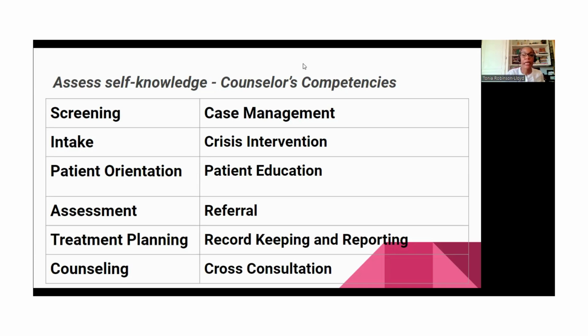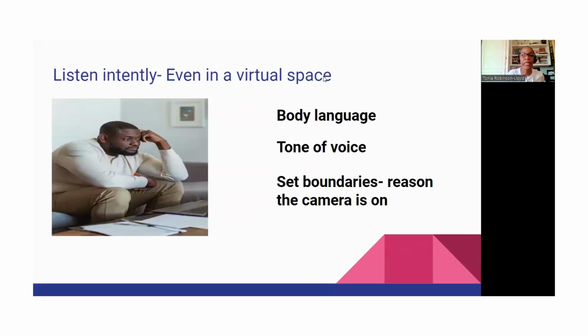All right. Next, we get into listening intensely, right? So even in a virtual space, it is very important for us to understand body language, right? My age range that I work with are children 8 to 18 years old.